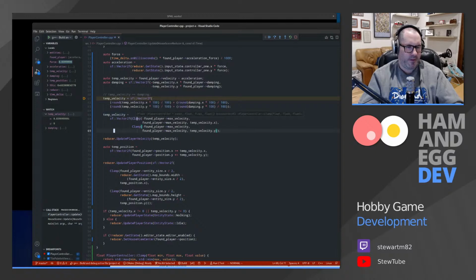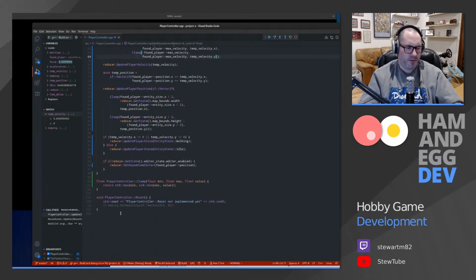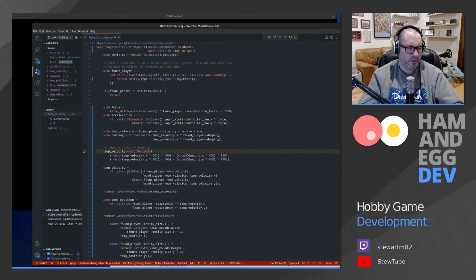Or is that what the clamp does? Actually, wait a minute. Am I already doing that? No, I'm not rounding it. Okay.